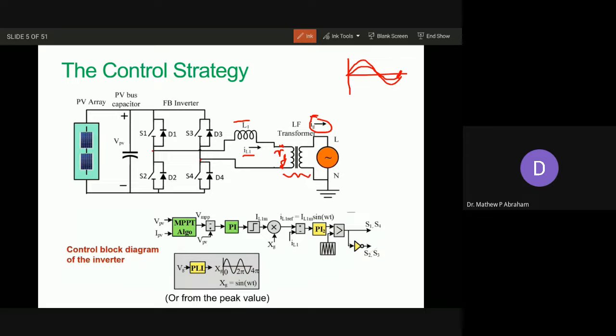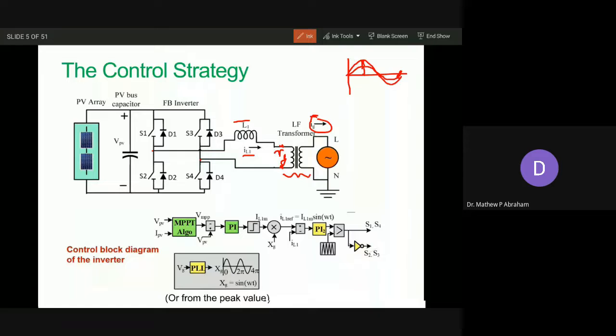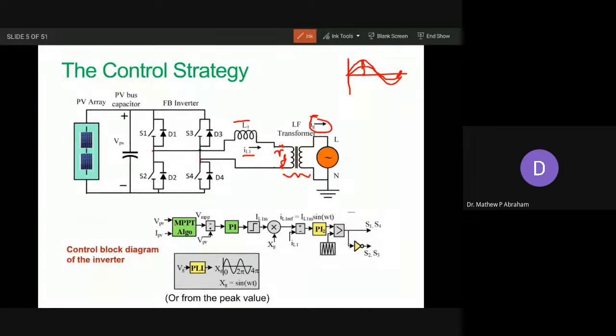The magnitude of the current will be decided by our requirement. In some cases, we decide that this much of current must be injected into the grid. The rest of the current or rest of the power must go to a battery charger or some other sources, a super capacitor or some sort of thing.